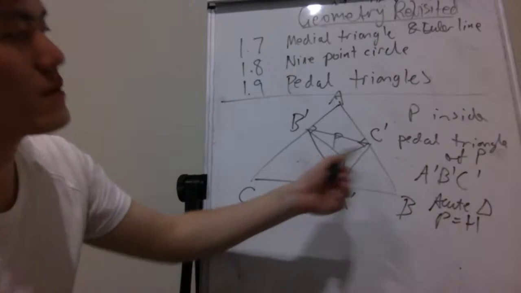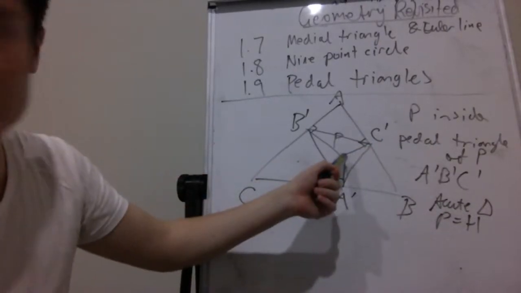We definitely have seen examples of Petal Triangles where P is the orthocenter.